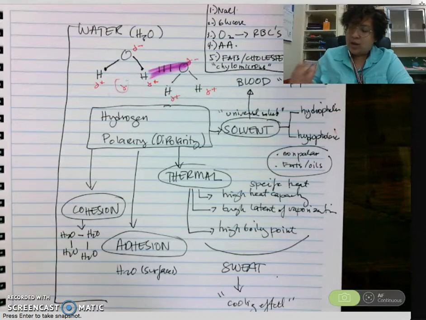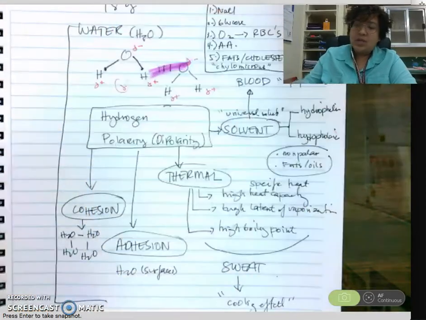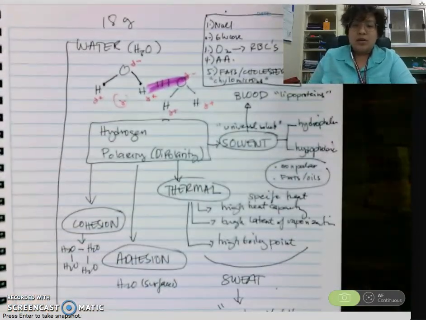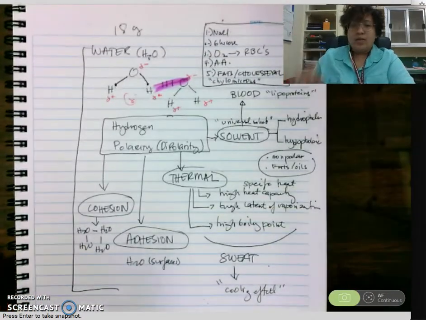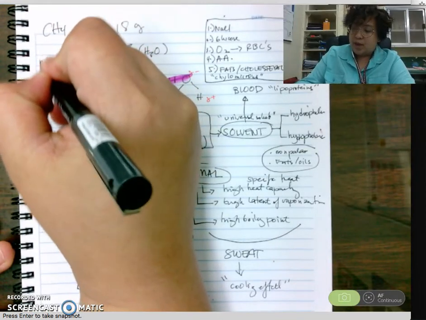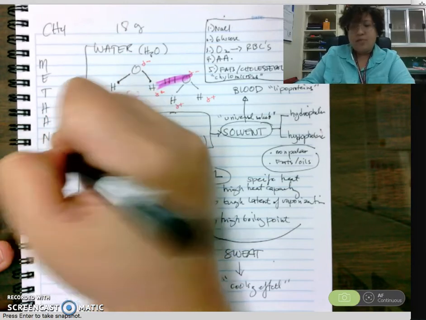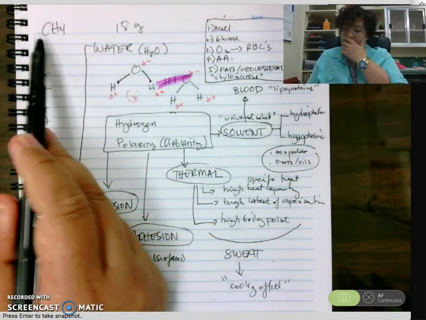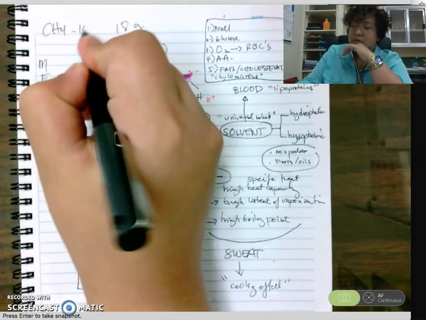Now, you need to actually also know how water, which has about 18 grams, is different chemically with methane, CH4, that's methane. And methane is about 4 plus 12, 16 grams.